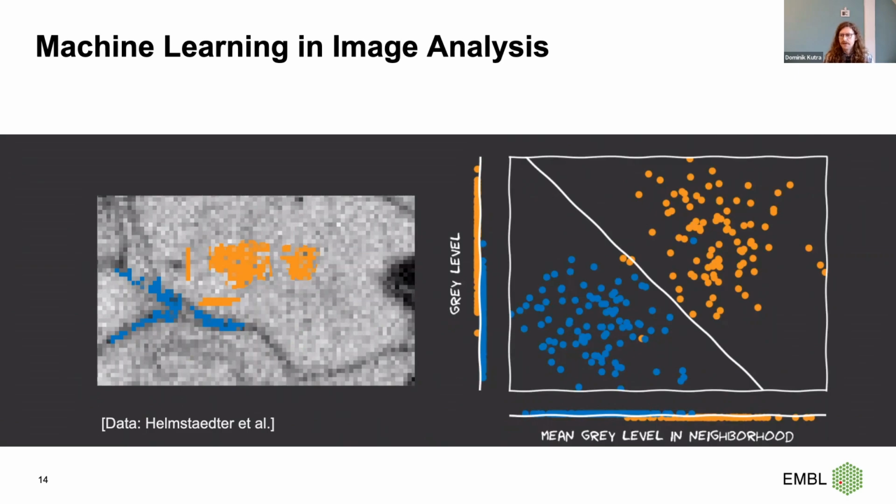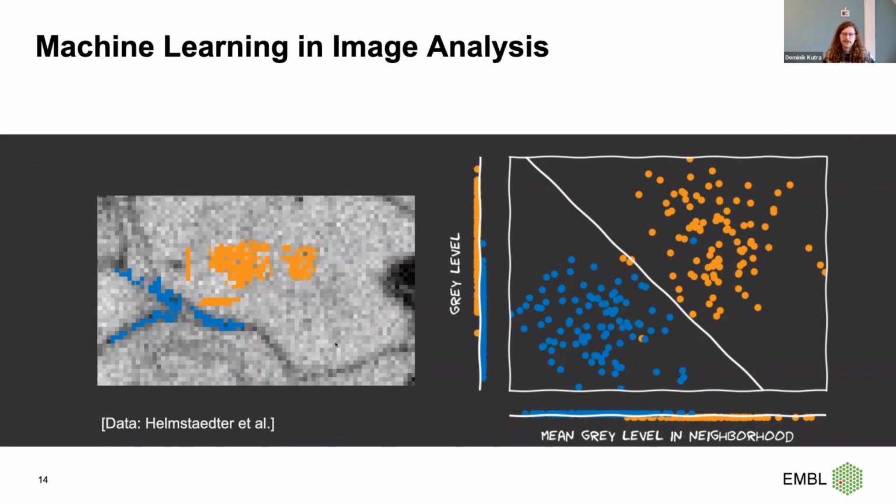And the cool thing about this is that once you have this line separating those two classes, you can go to all the other pixels in this image and do the same kind of feature transformation. You look at the gray level, you look at the mean gray level in the neighborhood, and then you only look at what side of this line these come out, and you can assign a meaningful label to them.